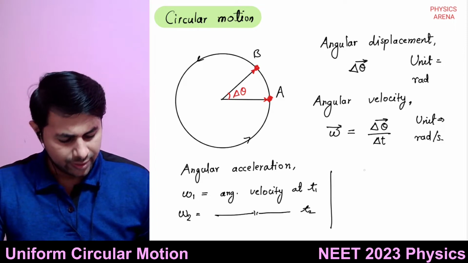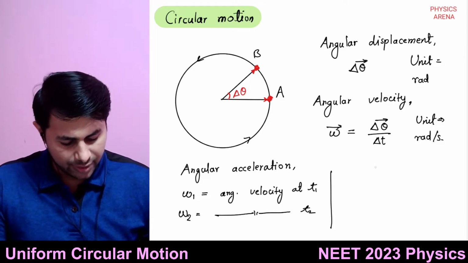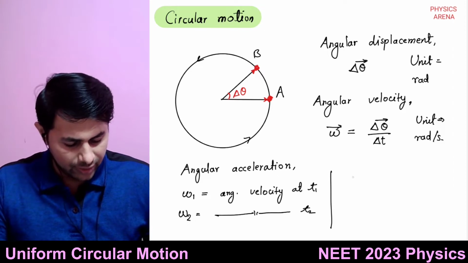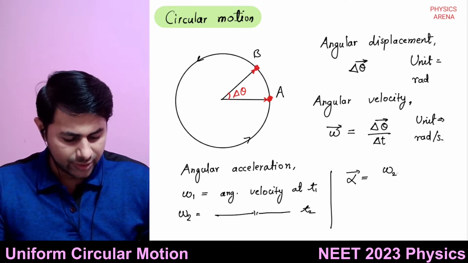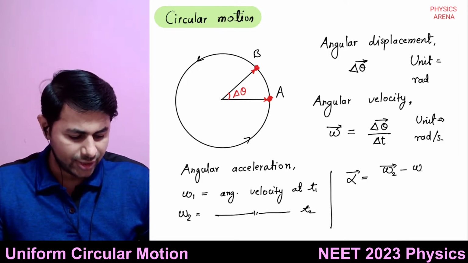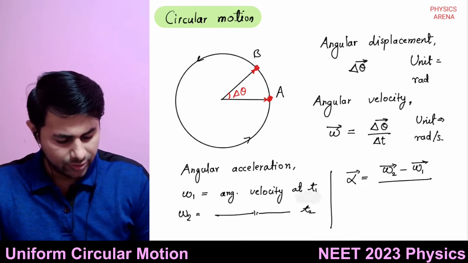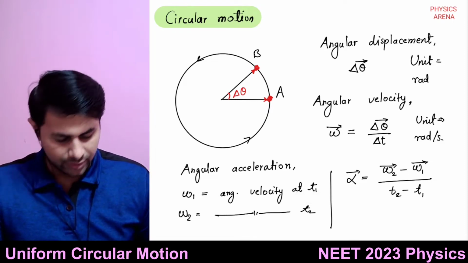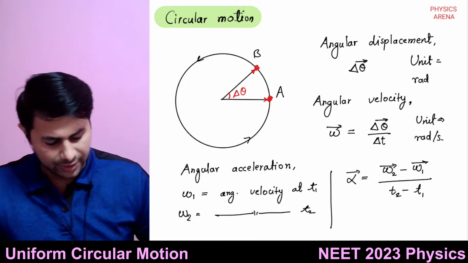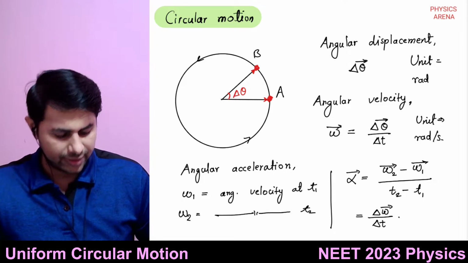Then, just like acceleration is change in velocity divided by time, angular acceleration, denoted by alpha, is final angular velocity minus initial angular velocity divided by t2 minus t1. You can write this as delta omega bar divided by delta t.